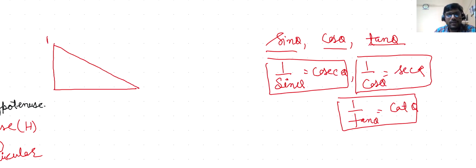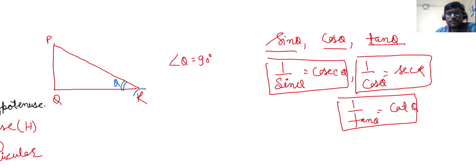Its name is PQR, where angle Q is equal to 90 degrees. Now we can draw an angle at any vertex, but whatever ratio we are going to study will be based on that angle. For example, if I draw angle theta at vertex R, we start to discuss according to vertex R.